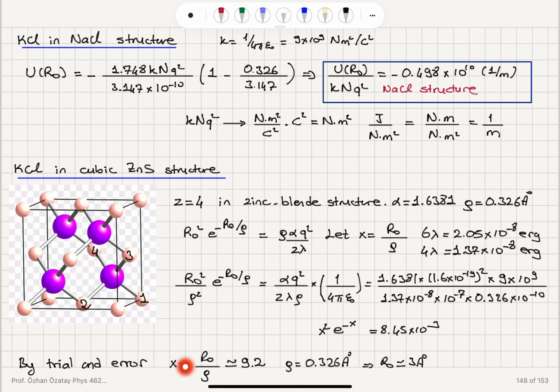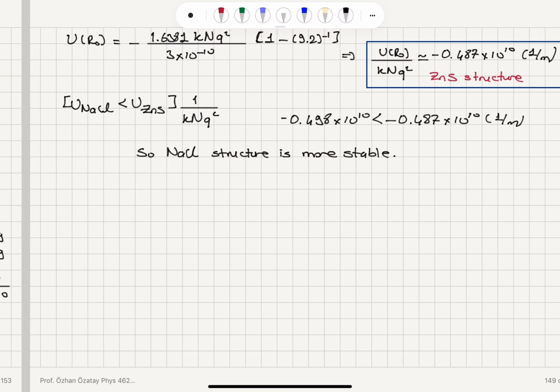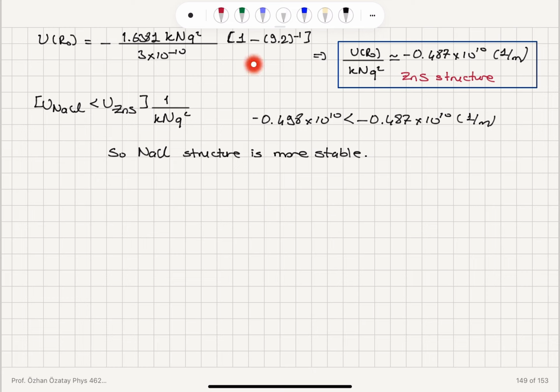By trial and error we can find x to be 9.2. Since rho is known, R0 is 3 angstroms, and we can substitute that into the cohesive energy to find that we now have a lower absolute value of the cohesive energy, 0.487 times 10 to the 10 per K N Q square. Since the cohesive energy absolute value is larger for sodium chloride, or it's more negative, we find that the sodium chloride structure is more stable.